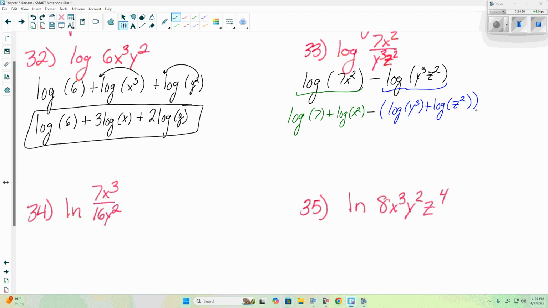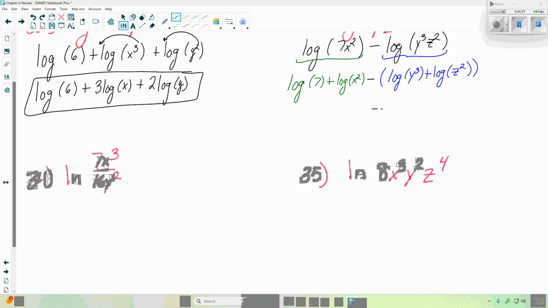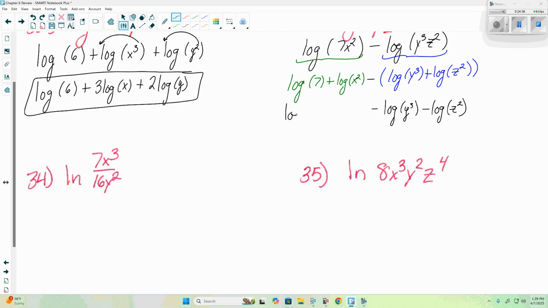But because it's in the bottom of the fraction, we're minusing it. That second half is really just negative log of y cubed minus log of z squared. The first is going to say positive log of x squared, and positive log of 7. So we finished product. Questions on quotient or product so far?